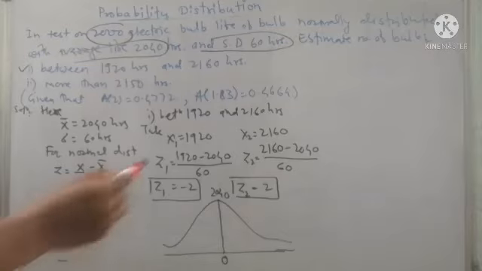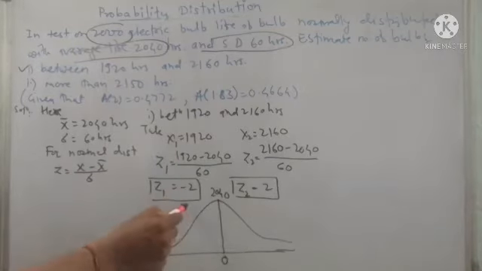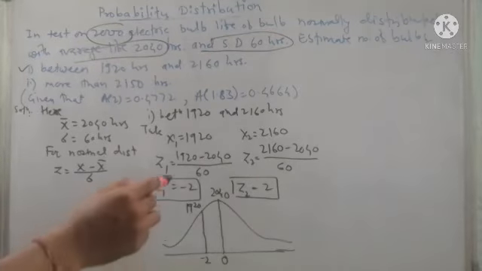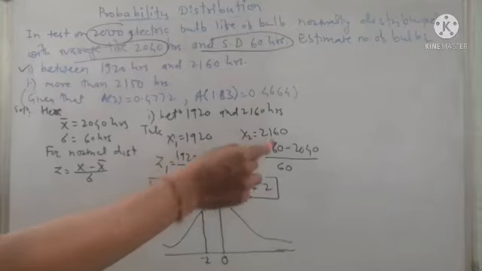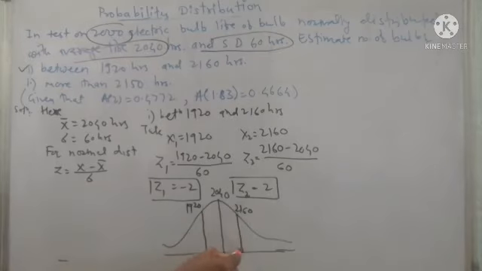Now the first random variable is 1920, which is less than this, so I take it here as 1920, and corresponding z is minus 2, which we get by putting a perpendicular. The second variable is 2160, which we take here. Now putting a perpendicular on the normal axis, we get corresponding z as 2.